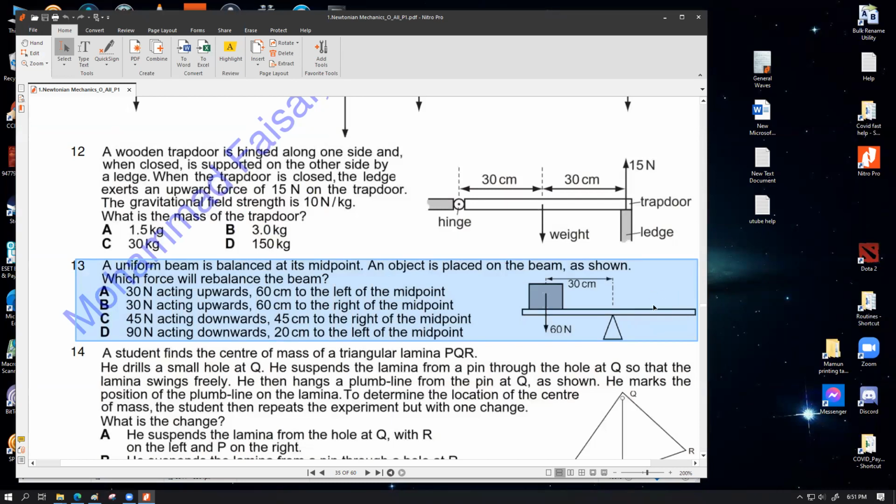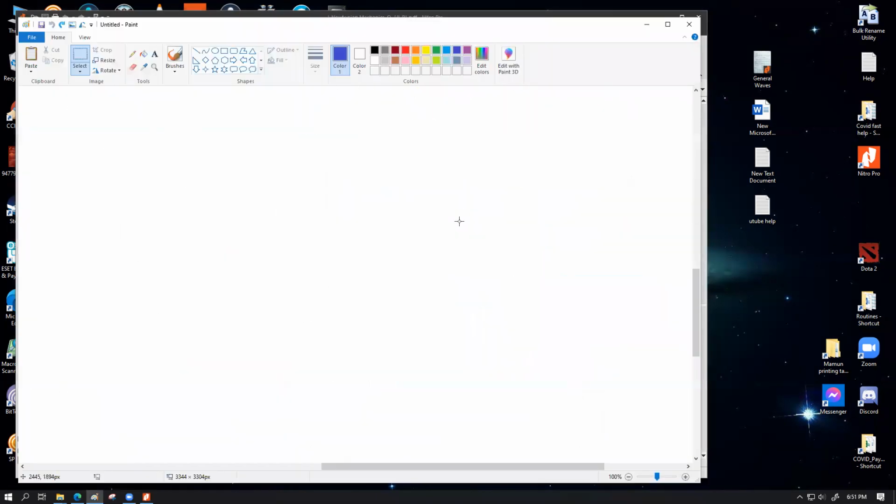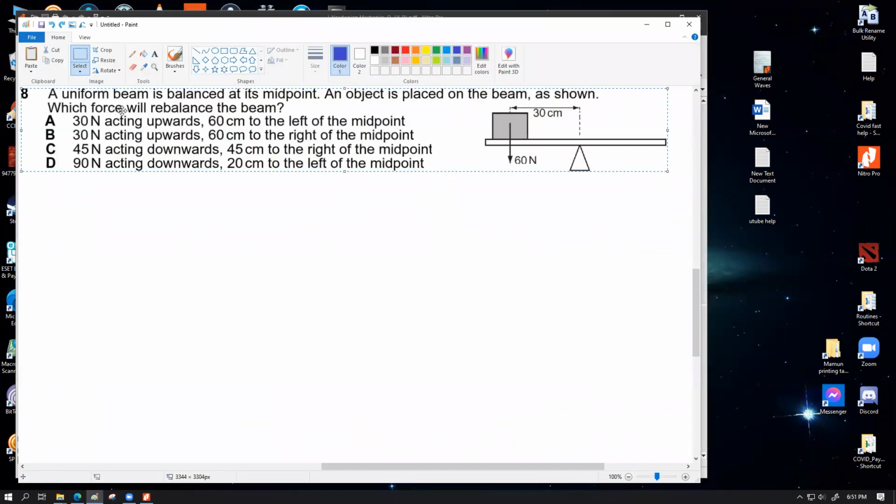Or if we're placing an upward force, if you wonder how do we place an upward force, well, very simple. We can push it by our finger upwards. We can have a helium gas balloon tied with a string anywhere on this plank, giving us an upward force. So let me copy this up so that I can make better sense to you.